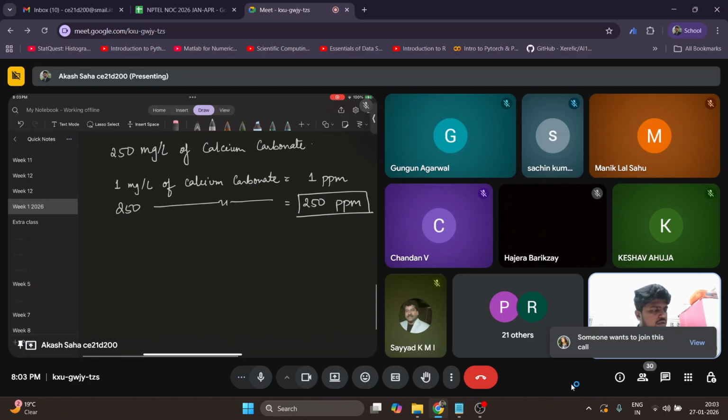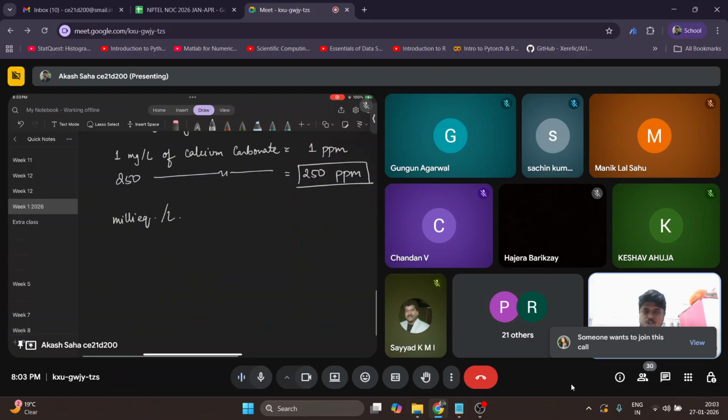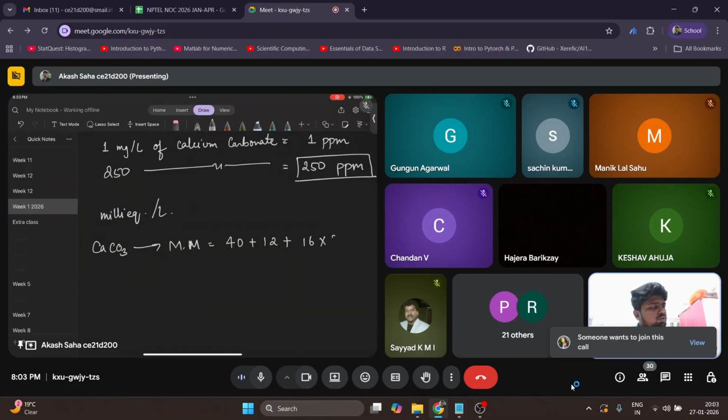Then what is the equivalent concentration in milliequivalents per liter? First of all, we have to know the molar mass of calcium carbonate. Calcium carbonate is CaCO3. How to calculate the molar mass? Calcium is 40, plus 12 for carbon, and for oxygen it is 16 into 3.